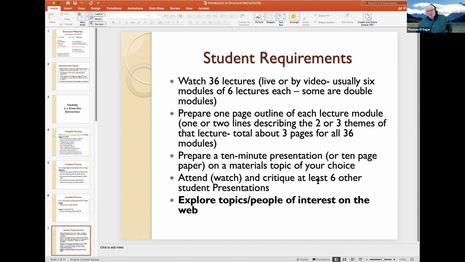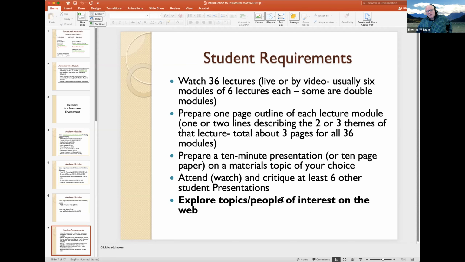And if we videotape them, we're not going to put them on YouTube. There'll be limited access, but you're going to have to let me know which other students you critique. And by critique, you need to send that critique to the other student. Hopefully it'll be done in a spirit of trying to help and encourage them and let them know how to improve their teaching.